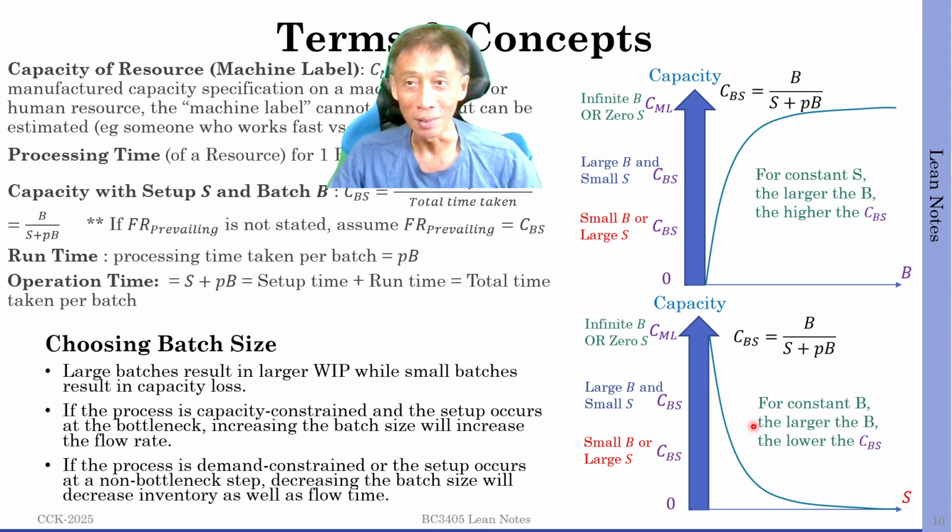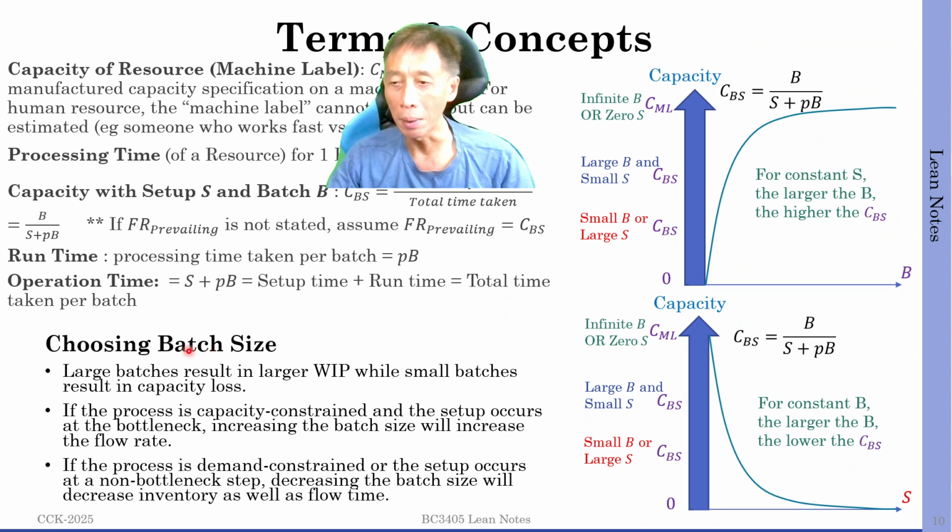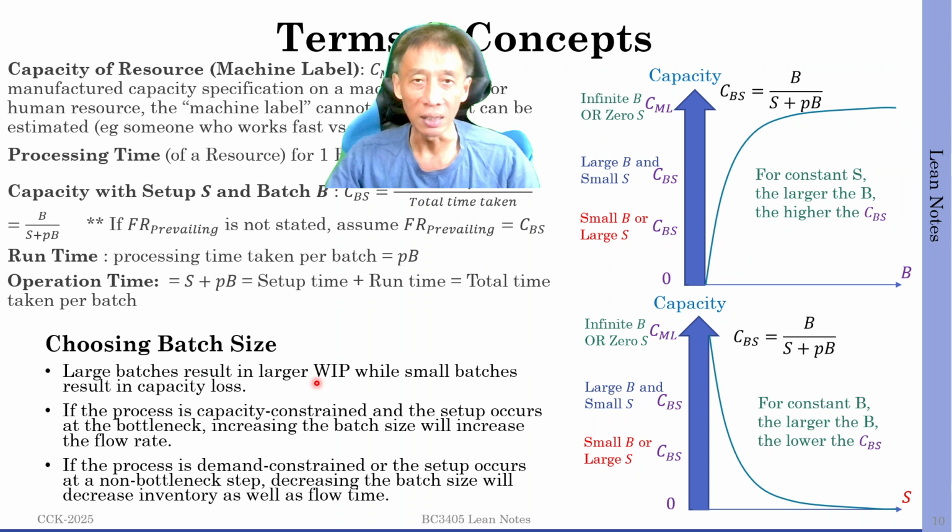Then be willing to revisit this again and see whether you really want to do this or not. So that's what we are learning here. Choosing the batch size, right? So like we say, large batch sizes will end up extending the flow time.